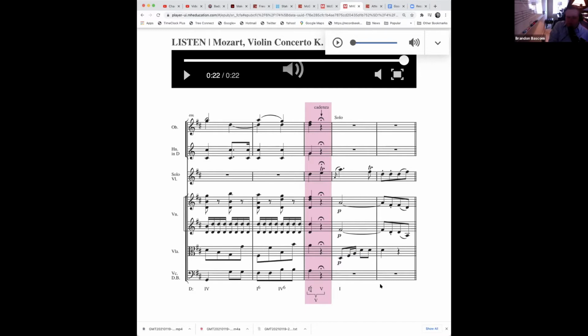Like the C minor one, on and on and on, and then finally comes back.